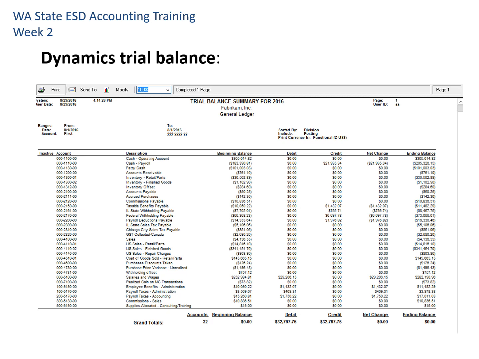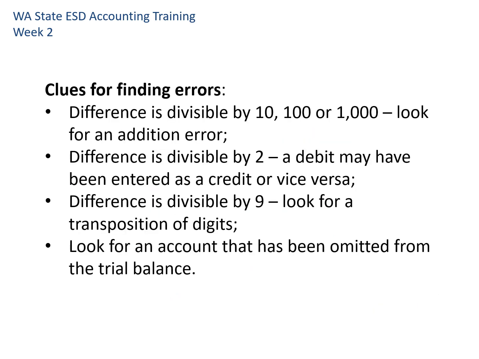Now sometimes you'll end up with a situation where debits don't equal credits and there's a problem to be solved or an error to find and correct. So a couple of handy tips for how to find errors. These are for finding errors that result in the two balances not being equal to each other. One, if the difference is divisible by 10, 100, 1,000, etc., look for an addition error.